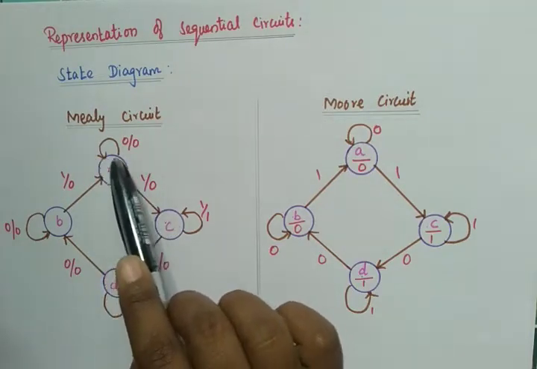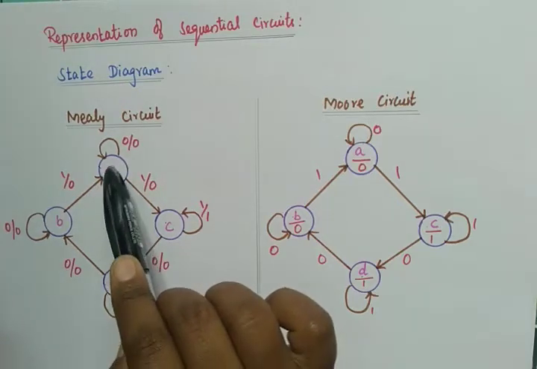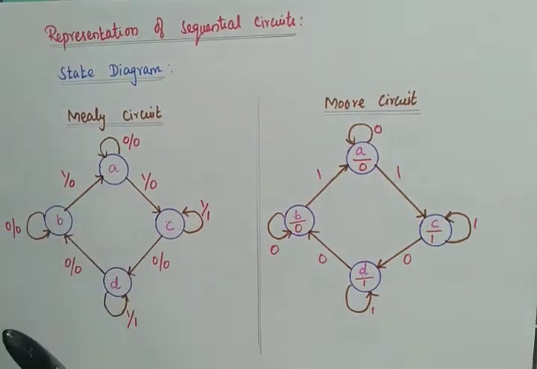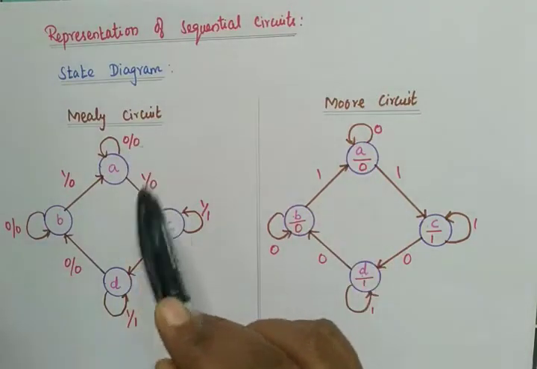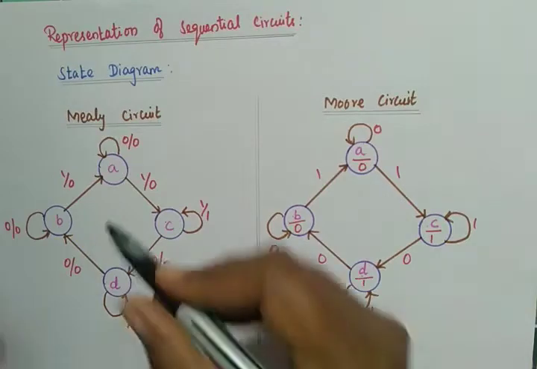Here, this circle represents the state, the present state. Inside these they have mentioned A, B, C, D, E, F, G, H and so on. A, B, C, D, everything represents the present state.